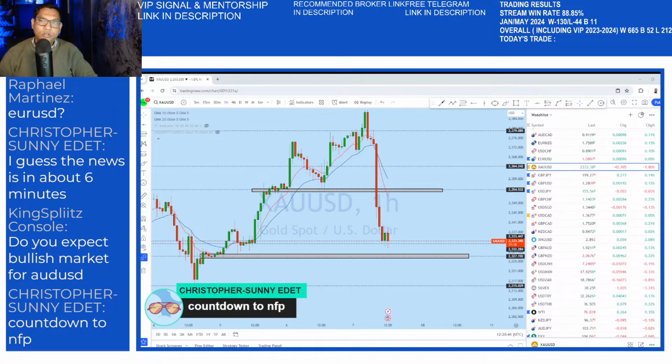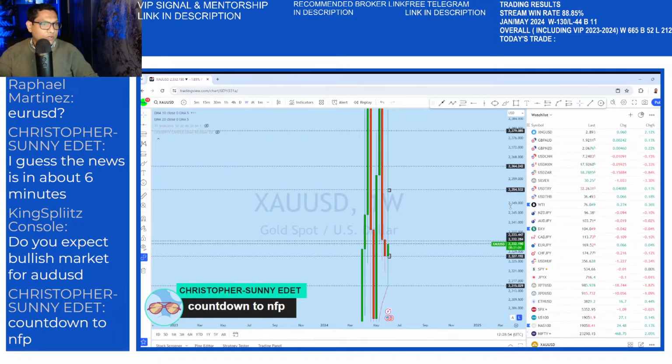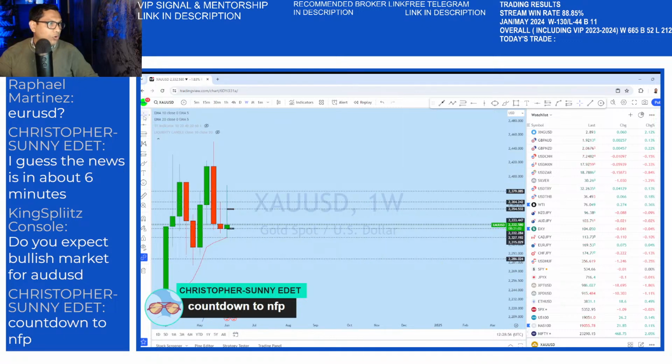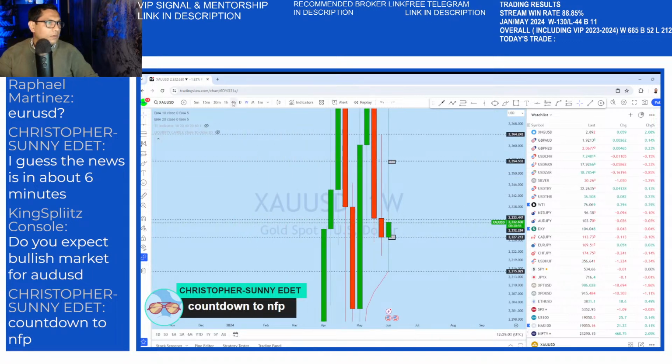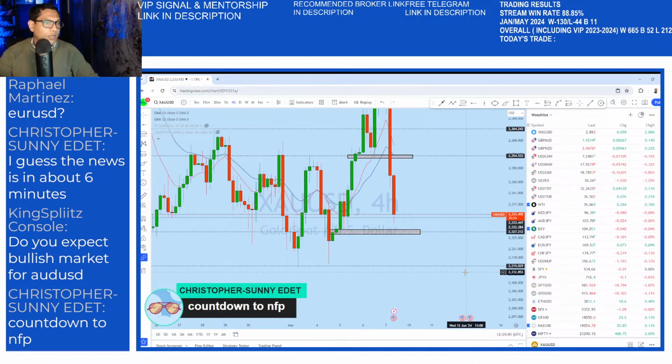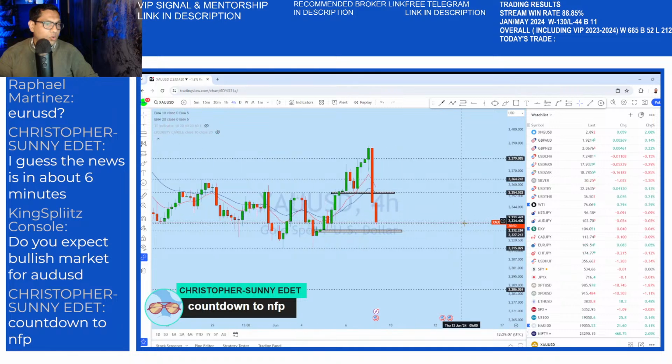So the majority of the traders think that gold is going to go up. That means the majority of the traders think that gold is going to have a bounce from the weekly support.